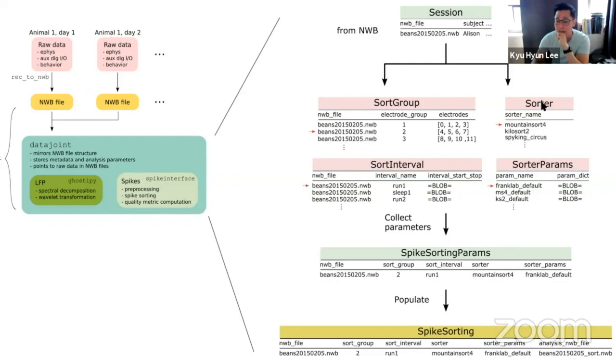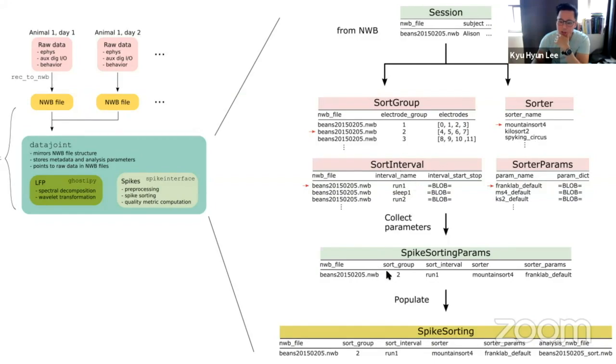We also have other tables like Sorter, which lists the different spike sorters that are available, and the SorterParams, which contain parameters that are associated with these individual spike sorting algorithms. And what the user would do when they want to do spike sorting is essentially just make some decisions about what they want to combine.